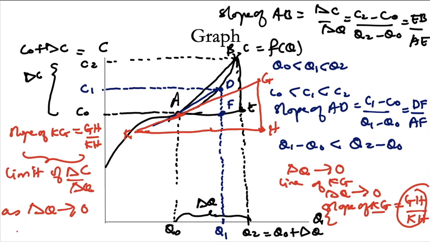So here, the slope of the cost function at point A actually refers to what? It refers to the derivative value, f prime of Q.